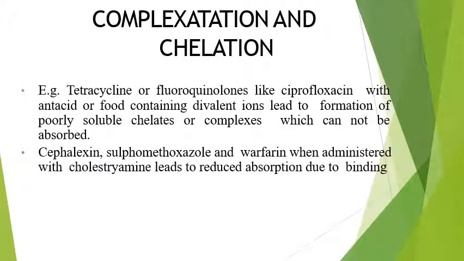Let's talk about complexation and chelation. Complexation is the process of making a compound or atom form a complex with another one, whereas chelation is the process generally used in cases of heavy metal poisoning. For example, tetracycline or fluoroquinolones like ciprofloxacin, when given with food which contains divalent ions, lead to the formation of poorly soluble chelates or complexes which cannot be absorbed.